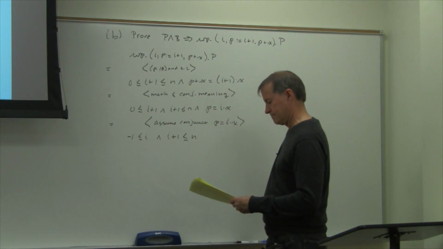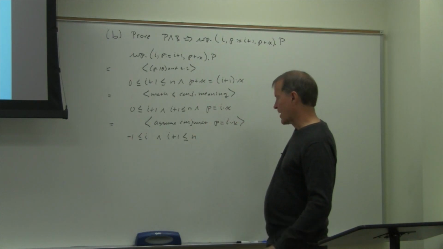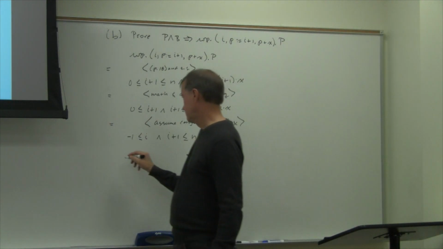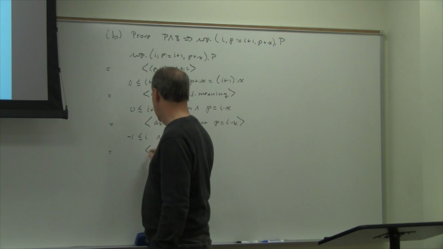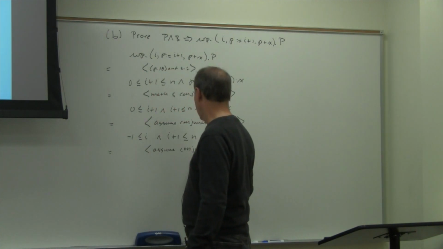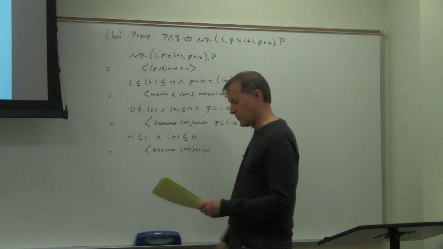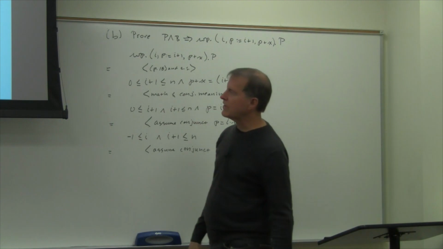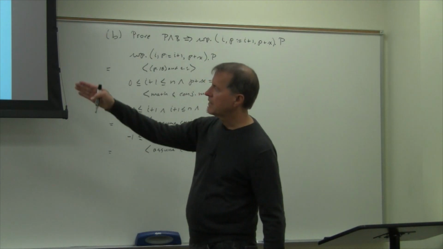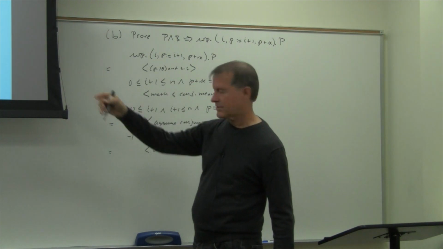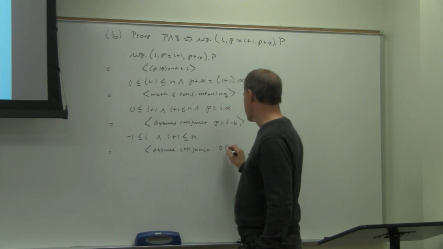So now what conjunct can we assume that will help us get rid of this? What's one of the conjuncts we can assume? 0 is less than or equal to i, right? That's one of the conjuncts. So assume conjunct 0 is less than or equal to i.